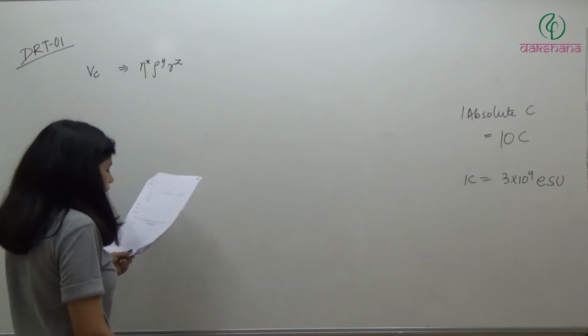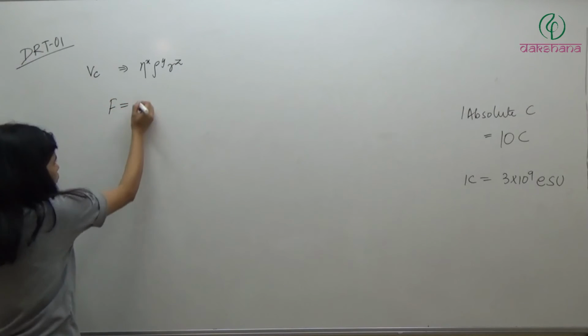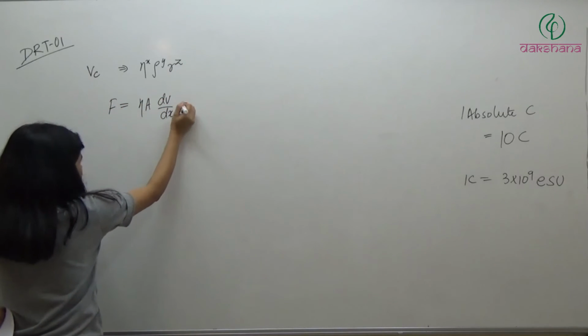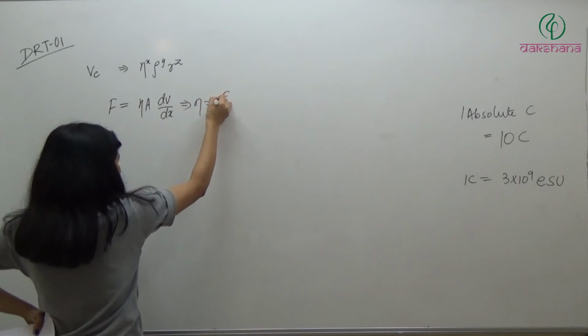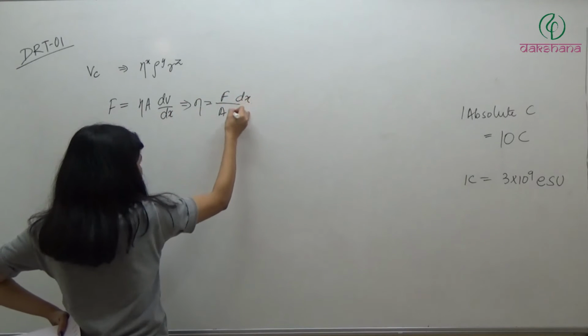So Vc is expressed as eta to the power x, rho to the power y and r to the power z. So eta is equal to, what was it, we know that viscous force is equal to eta A dv divided by dx. Okay, so from here I can write eta is equal to F by A dx by dv.